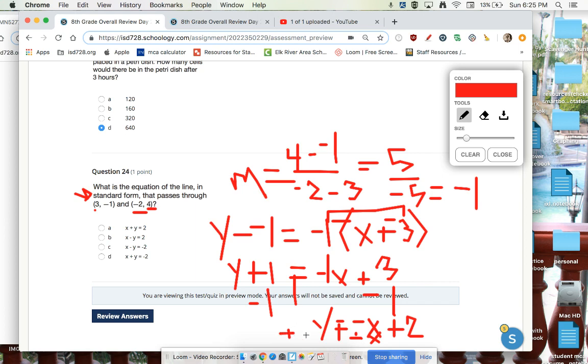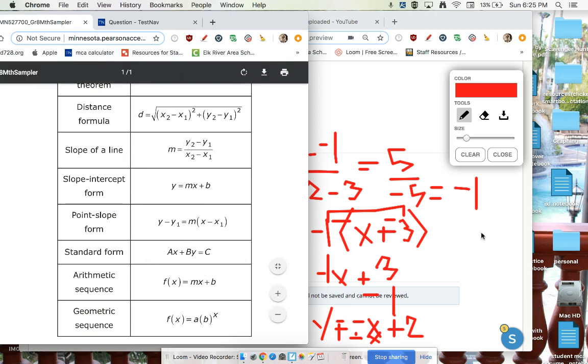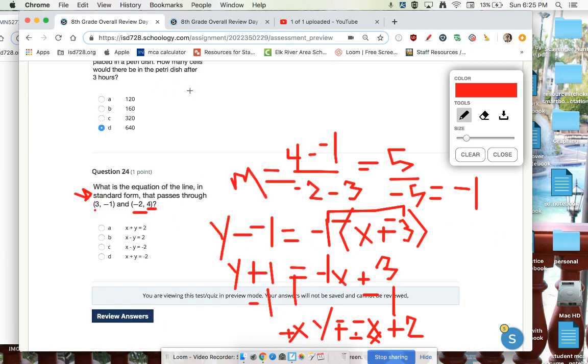Standard form, just a reminder, has x first, so it's gonna be x plus y equals 2. I made my x come in front, this is gone, and this was a +2, equals +2. And now I'm just gonna find the match, and it's A.